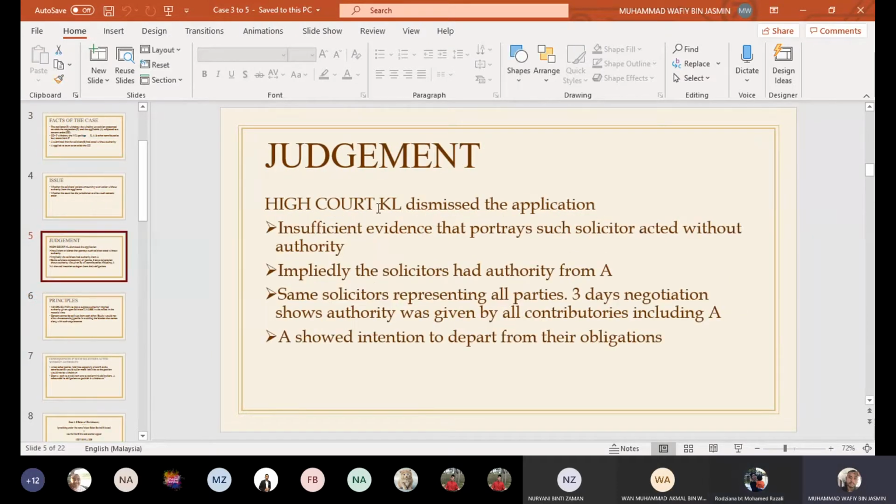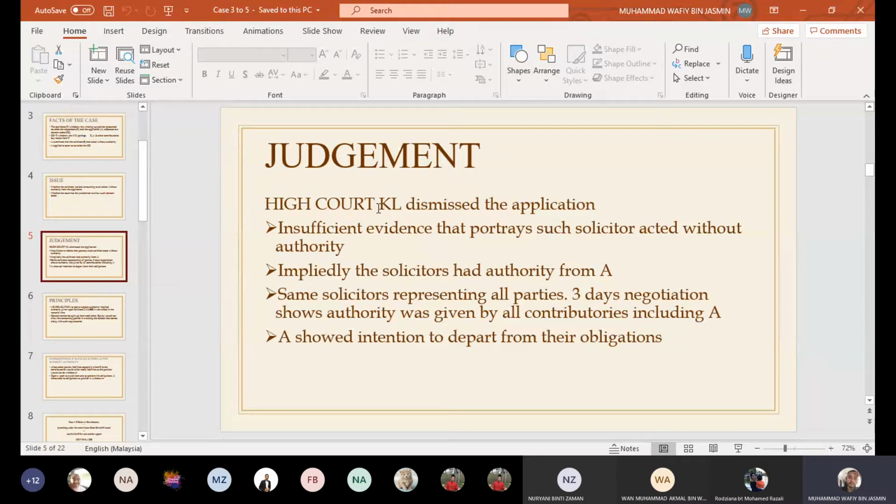There was no sufficient evidence, meaning that the applicants could not show the court why the solicitor had acted without authority, because they didn't raise any material question during the 3 days negotiation in regards to the solicitor's authority, like asking whether the solicitor had entered into it with their consent as contributing parties to the respondent.